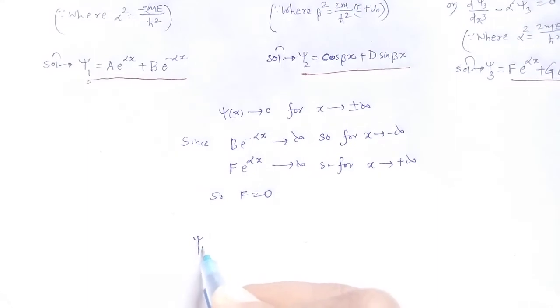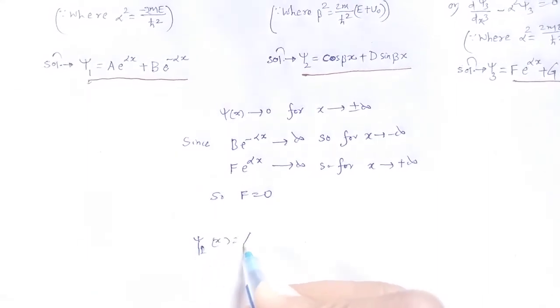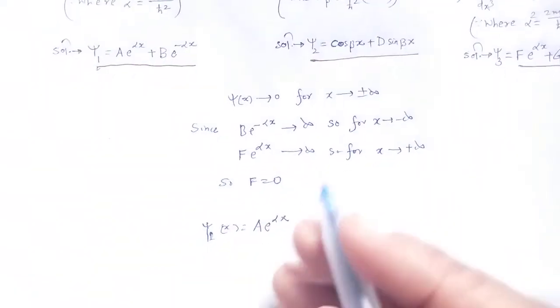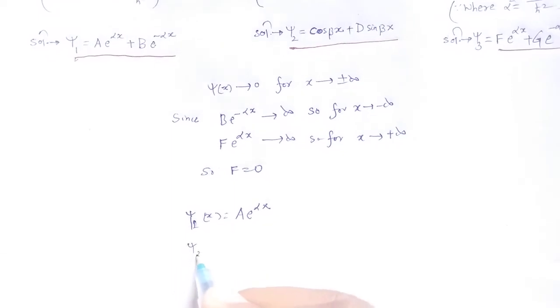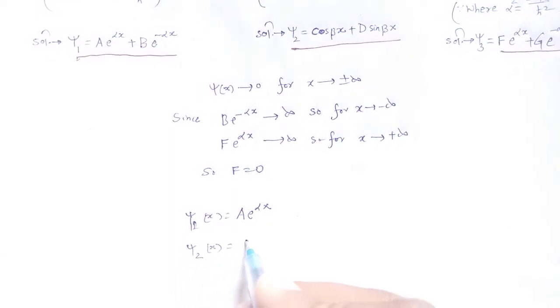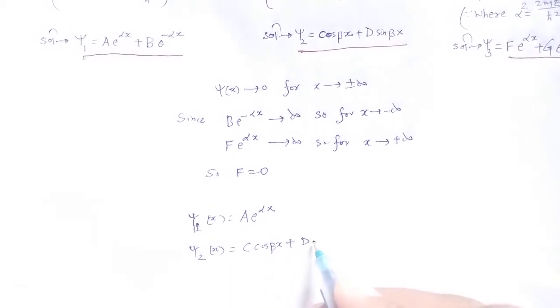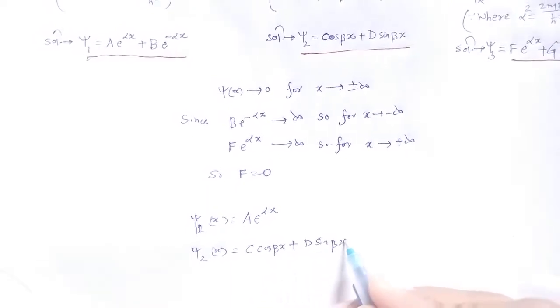to A e to the power alpha x, there will be no contribution of that other term. Again psi 2 as a function of x is equal to C cos beta x plus D sin beta x.